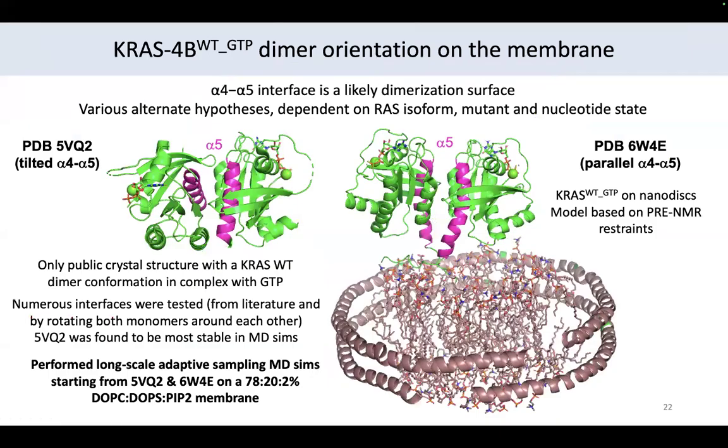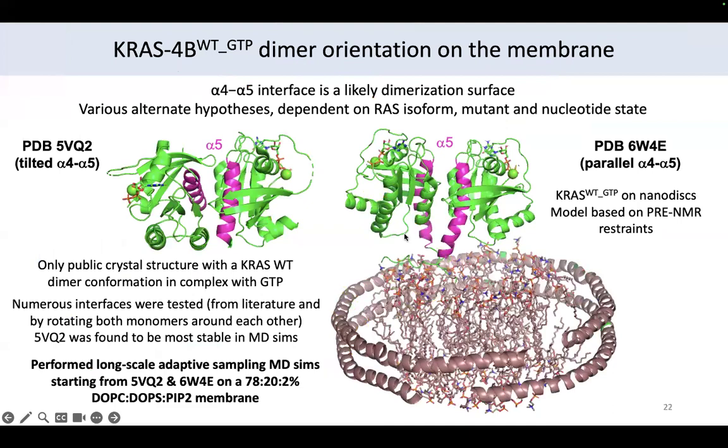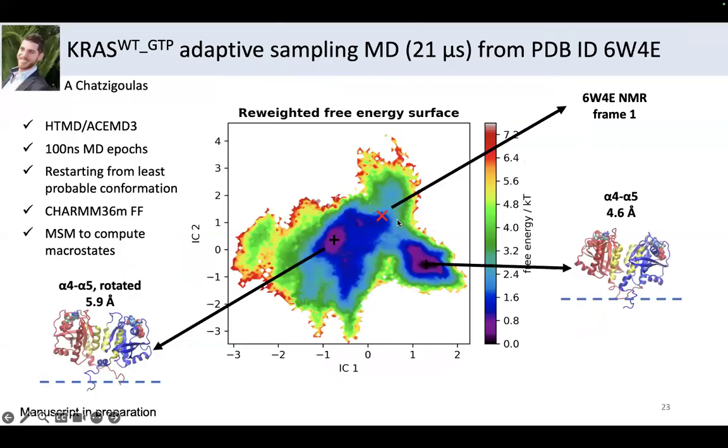However, we knew that these calculations are for one structure, which is called 5VQ2. And in the meantime, another structure appeared, the 6W4E. And we wanted also to check this one. They are quite similar, so just the orientation of these alpha 5 helices is changing.